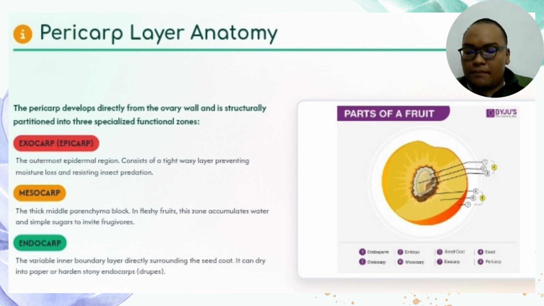Second is the mesocarp, the thick middle parenchyma block. In a fleshy fruit, this zone accumulates water and simple sugars to invite frugivores. Third is the endocarp, the variable inner boundary layer directly surrounding the seed coat. It can dry into paper or harden into a stony endocarp, as in drupes.